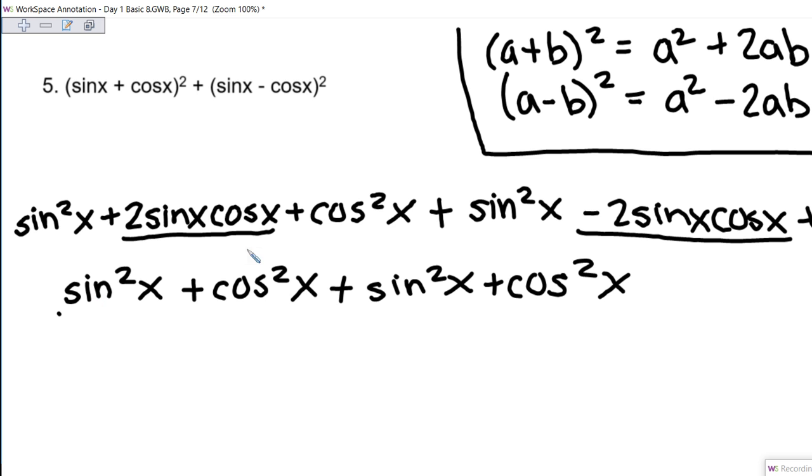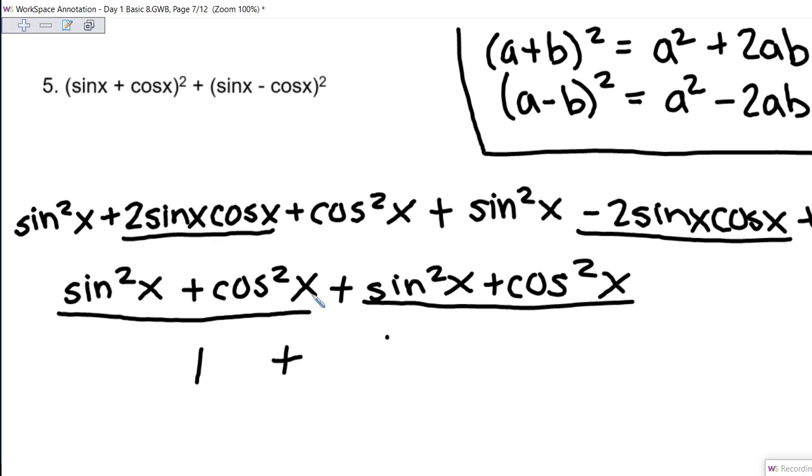Sine squared plus cosine squared, that's an identity. Sine squared plus cosine squared is equal to 1. And I have it again. Sine squared plus cosine squared is equal to 1. So this problem turned out very simple.